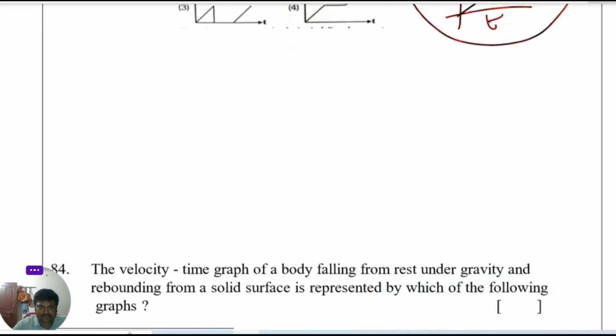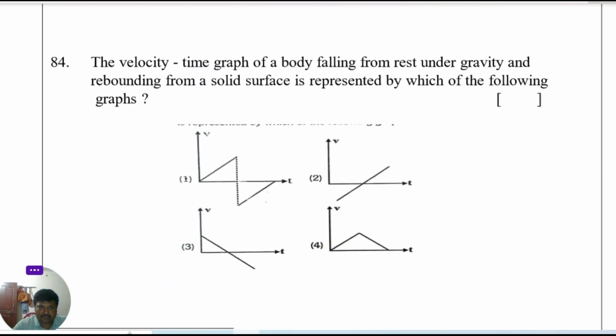Next, 84th one. The velocity time graph of a body falling from rest under gravity and rebounding from a solid surface is represented by which of the following graphs? So in the velocity time graph, from rest, the initial velocity is 0. While it is coming down its velocity increases.